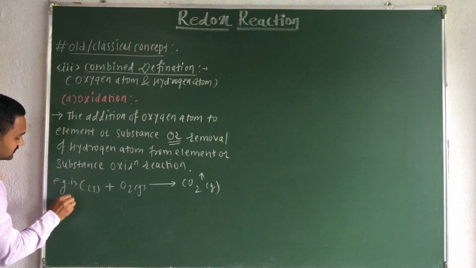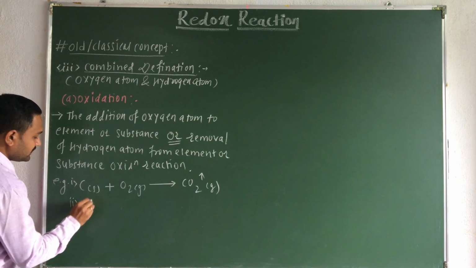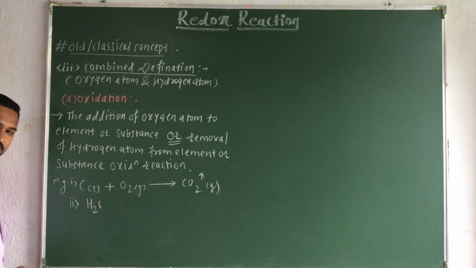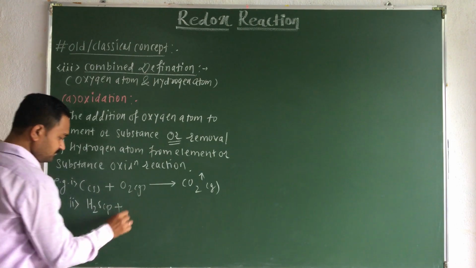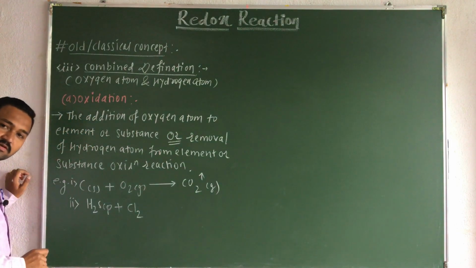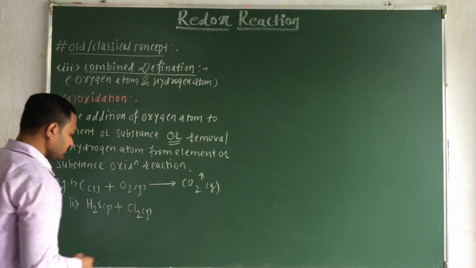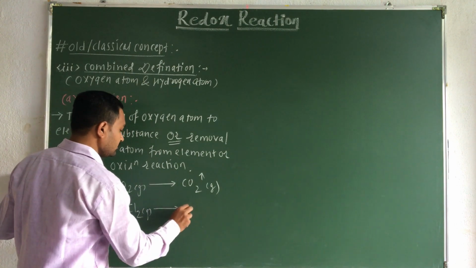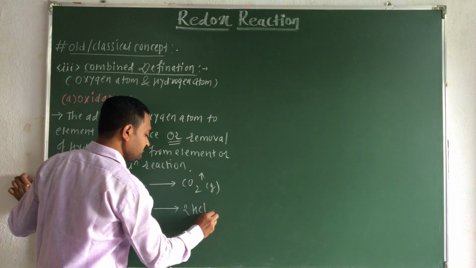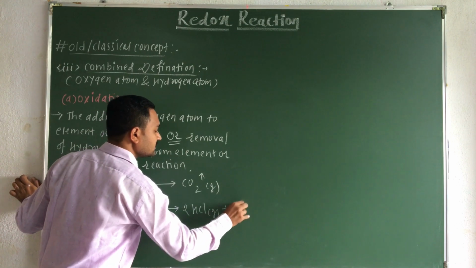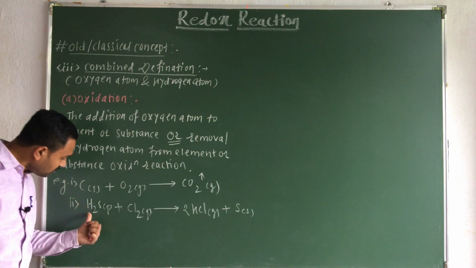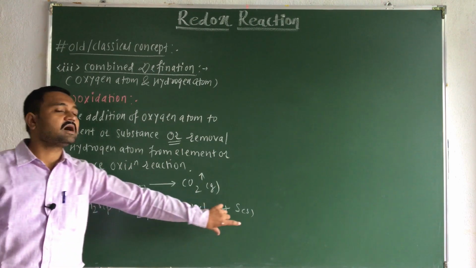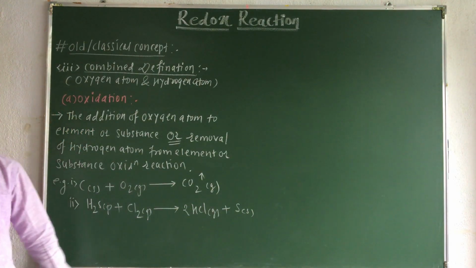Now let us consider the second simple example, that is H2S in the gaseous form plus chlorine in the gaseous form gives 2HCl plus sulfur. As there is a removal of hydrogen atom, hence this is again an oxidation process.